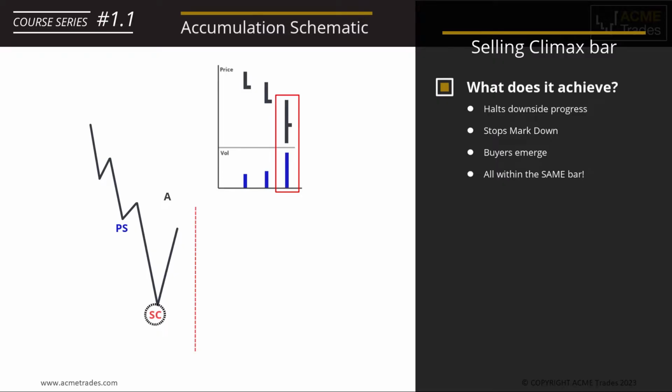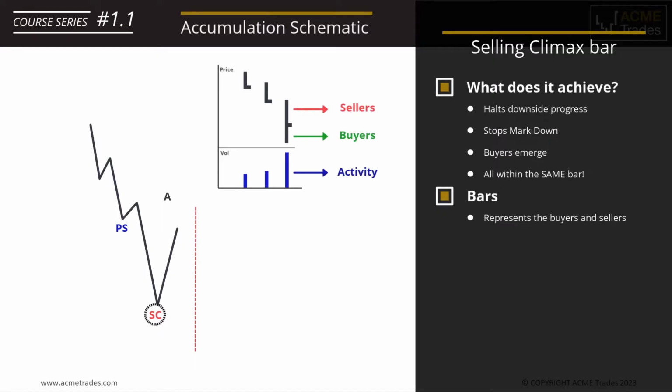So if you think that every bar is a representation between buyers and sellers and volume is the activity, one could say that there has been a great battle between the two forces, that of selling and buying. And this is it. This would be the selling climax bar.